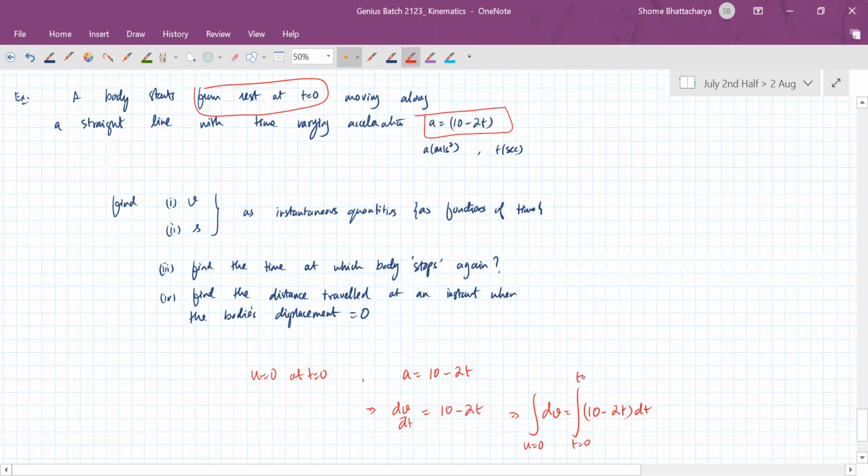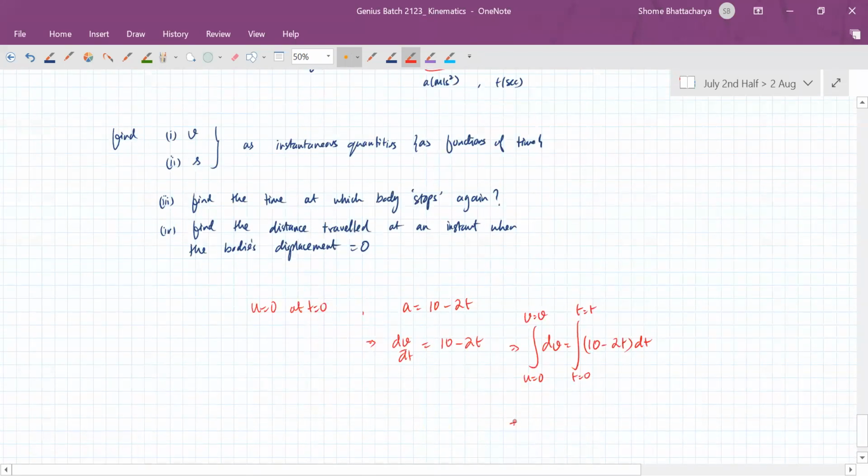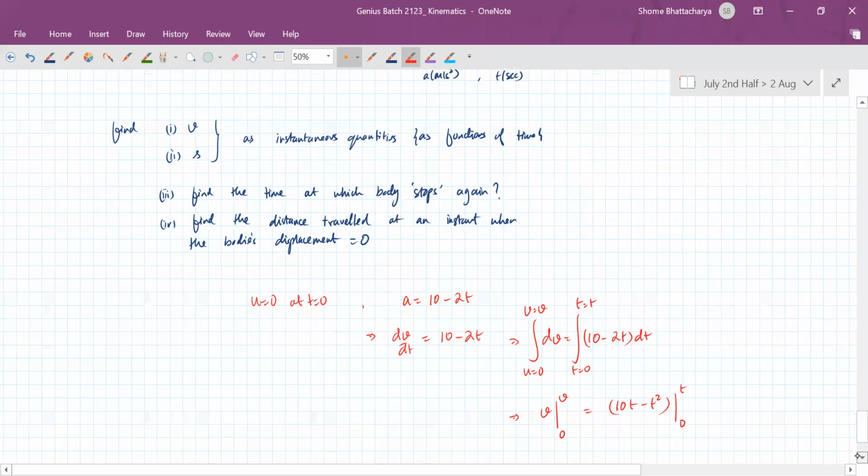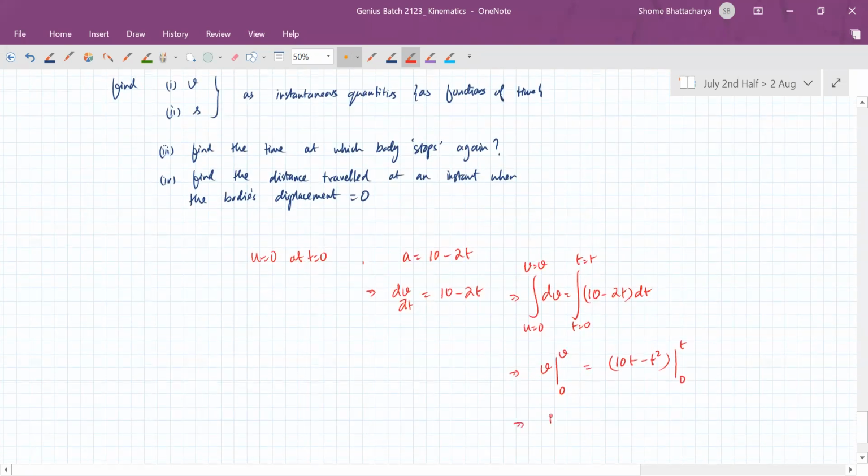You can also use indefinite integration and eliminate the constant. So this gives you the left hand side like this, and the right hand side this. The lower limits are 0 on both sides, so it just becomes this. So this is the first thing, velocity as a function of time.